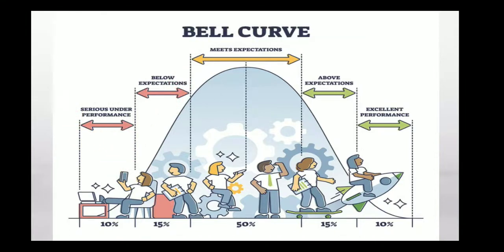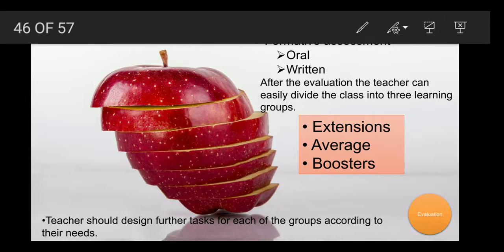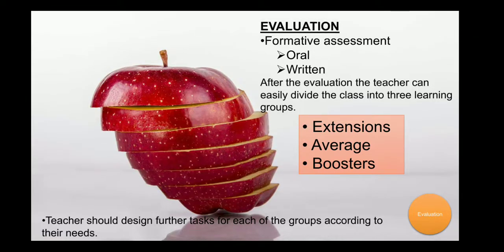On the basis of this information, you can divide the class into 3 categories. So extensions, who are beyond the class, who are excellent performers, and average students, and the boosters who need extra help and support to boost their performance.